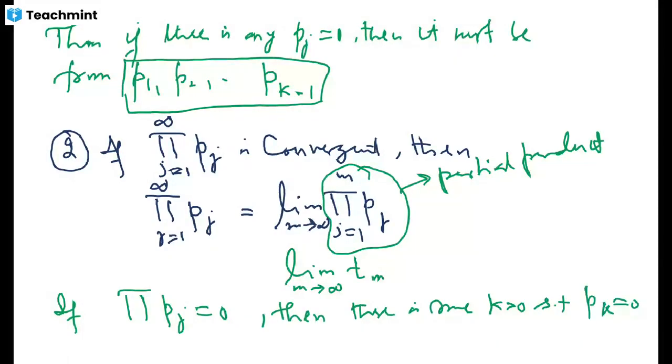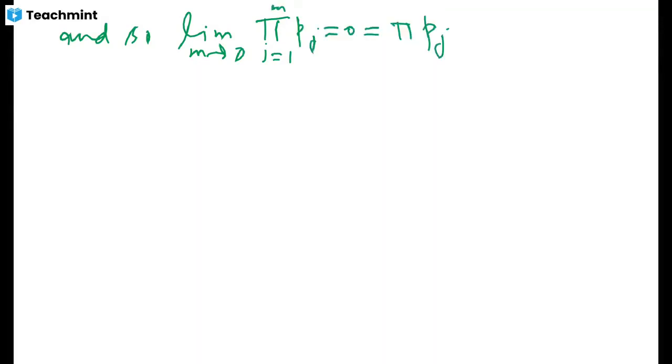There will be some factor which is 0, and so the product of Pj from j equals 1 to m is equal to 0 for all m greater than or equal to k. So all these products are 0, and hence the limit of these sequences will also be 0, which is equal to the value of the product. So this is the situation when the value of the product is 0.